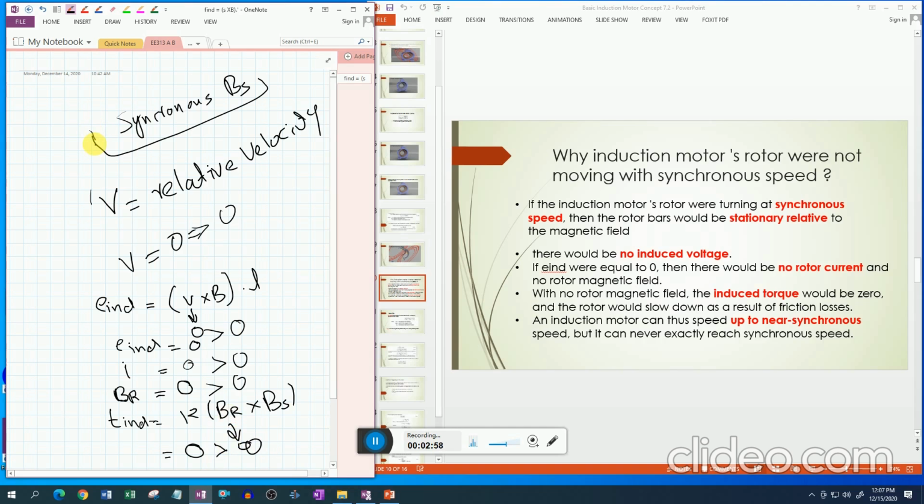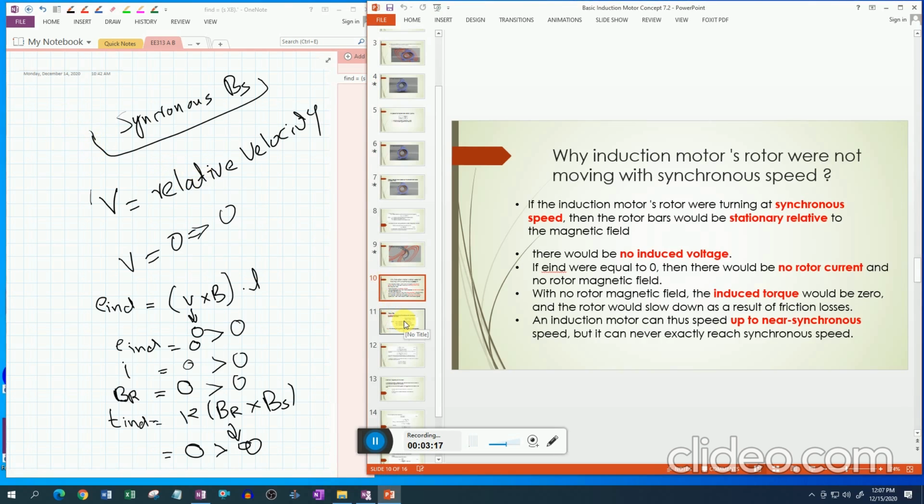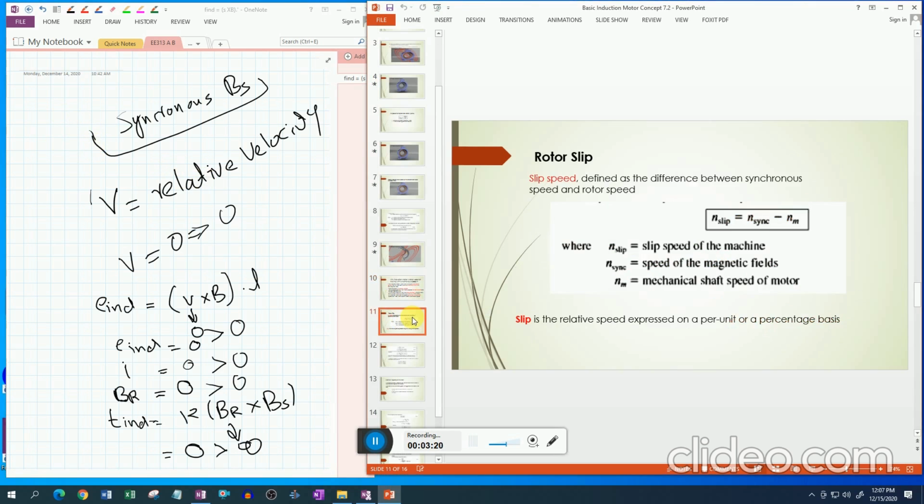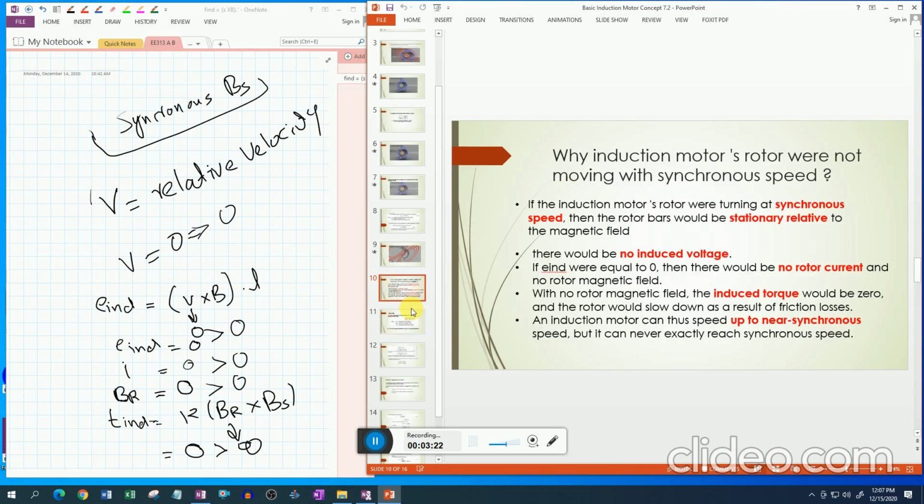So in this whole process, the rotor will try to achieve the synchronous speed of the magnetic field, but in the end it will not achieve it. Its speed is a little bit less than the synchronous speed of the magnetic field. So that's why the induction motor rotor does not move with the synchronous speed. This is the reason.